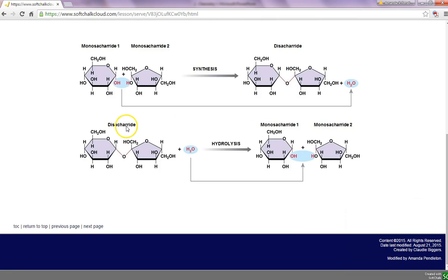Down here we've got a disaccharide. Here's the bond between the two. We've added water, we get a hydrolysis or a decomposition reaction, and now we have our individual monosaccharides.